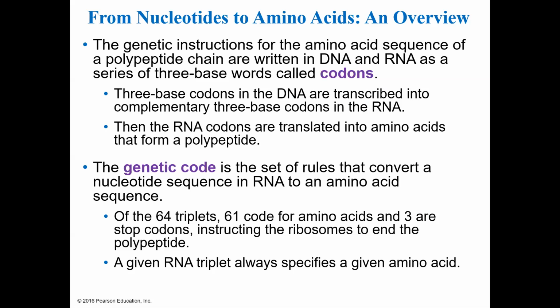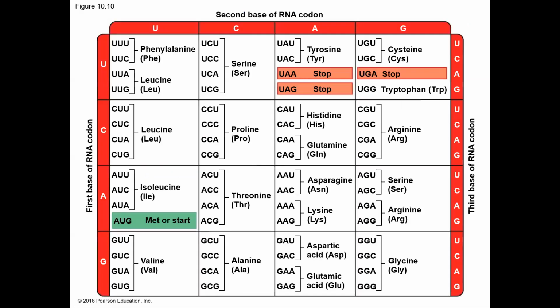So the genetic code is a set of, not rules, but a set of codes in your DNA that make you who you are. And it also makes you a human being and not another animal.